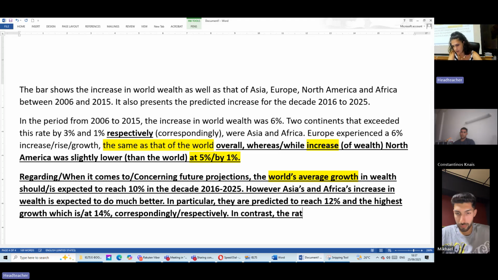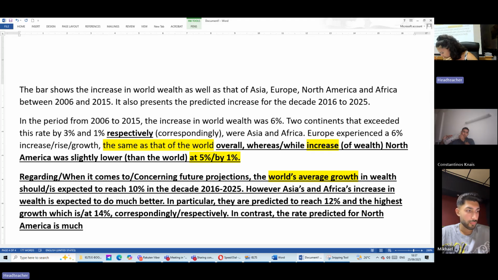So the rate predicted for North America is much higher or lower? Much lower.